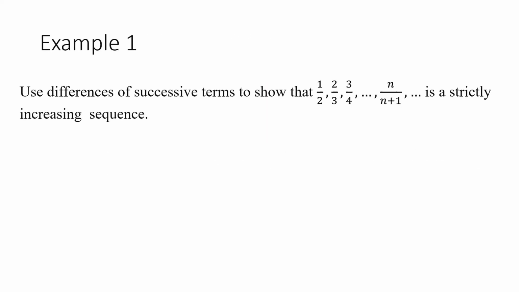Okay, so let's have an example. Use differences of successive terms to show that 1/2, 2/3, and so on, up to n over n plus 1, is a strictly increasing sequence. The pattern of the initial terms suggests that the sequence is strictly increasing.